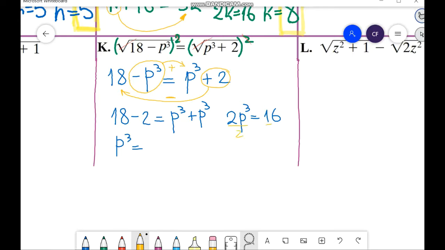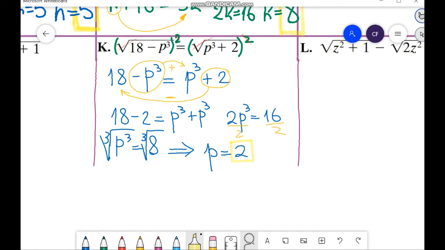Divide both by 2, and then we have p cubed equals 8. Now you have to apply the cube root to both sides of the equation, okay? And now we have p equals 2. This is going to be the only answer. If we try negative 2, negative 2 cubed is negative 8, so it's not an answer. The only answer is going to be p equals 2.